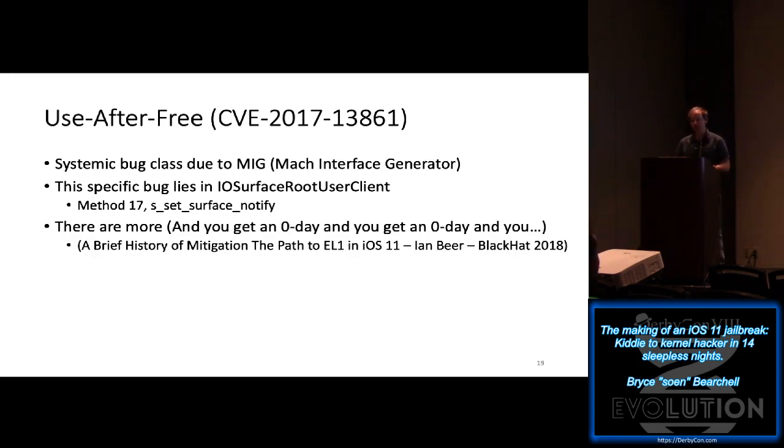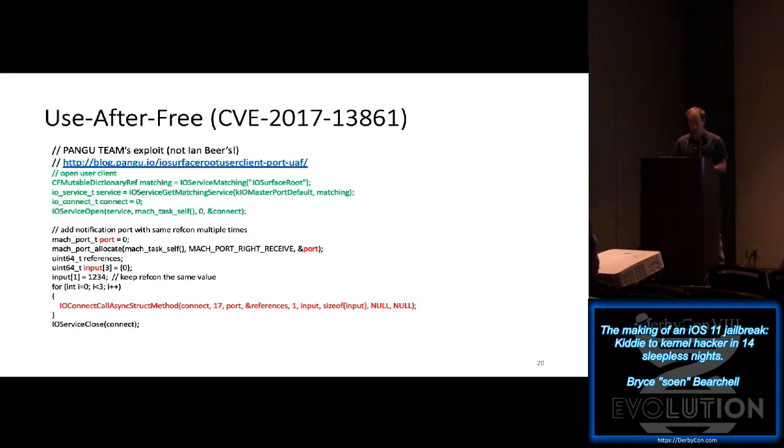If it doesn't return an error, the kernel takes care of it. And so the bug here is that IOSurface user client doesn't properly clean up its memory after it receives an error. So the exploit code for this is just to run it 3 times, it'll bork, and then you have a floating task port in memory, in kernel memory.